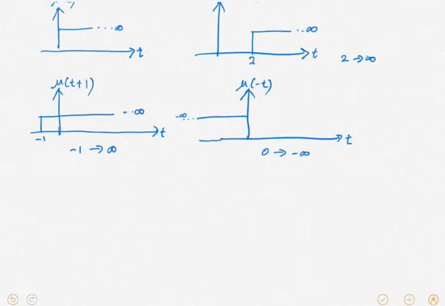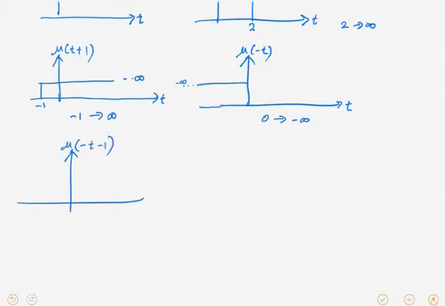Then what about u(-t-1)? If it is u(t-1), it starts from 1 to infinity.